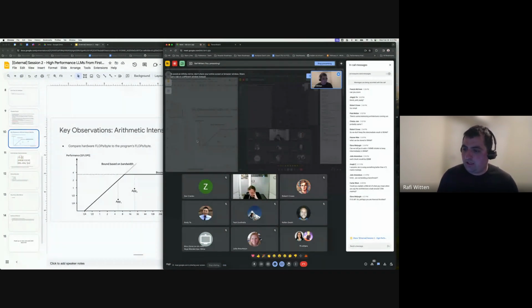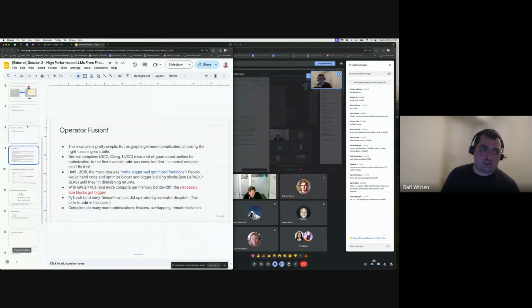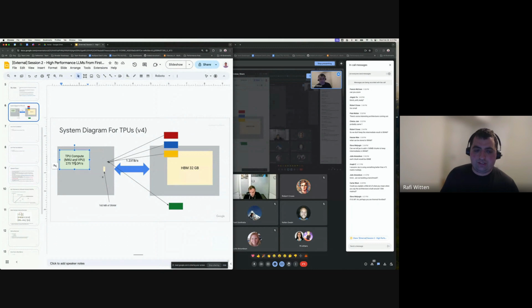Carter, could you explain a little bit what you mean when you say the architecture is built around 128 matmul? Yes, so the core of the compute, and we'll learn this more in later sessions, is optimized for 128 matmul, because it's a circuit that specializes in doing 128 matmuls.